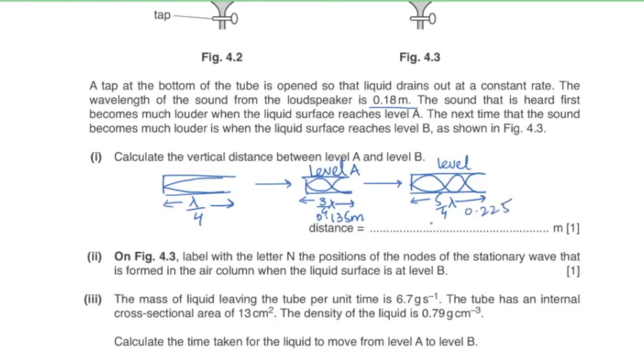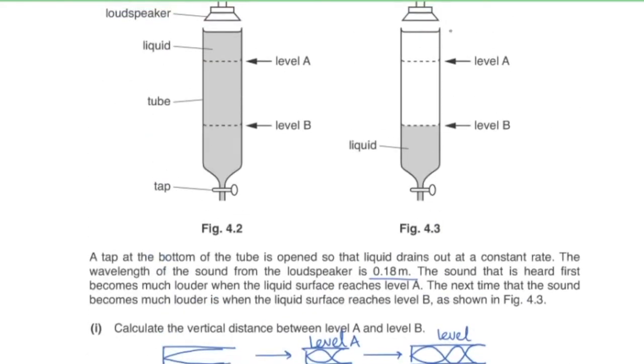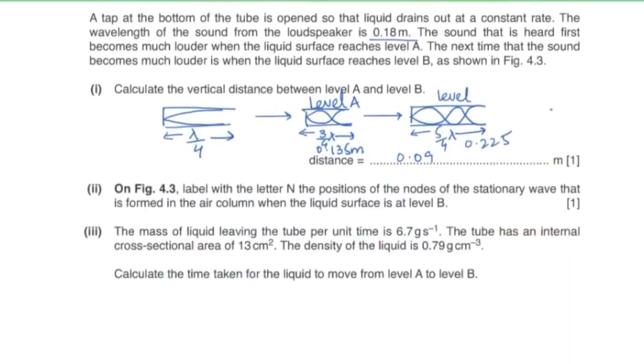So the distance from level A until level B is going to be 0.225 minus 0.135, and that is 0.09 meters. So from the top end until level A, this is 0.135 meters. From the top end again until level B, this is going to be 0.225 meters. So the difference in these heights would be 0.225 minus 0.135, and that's 0.09 meters.